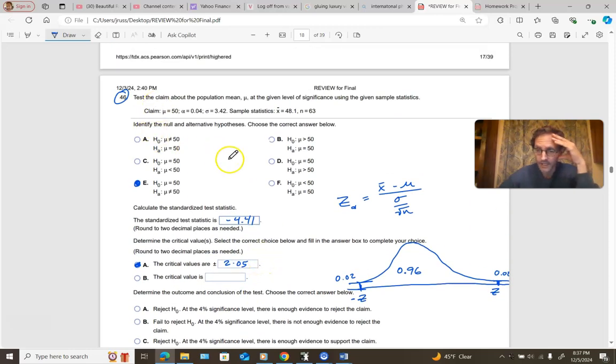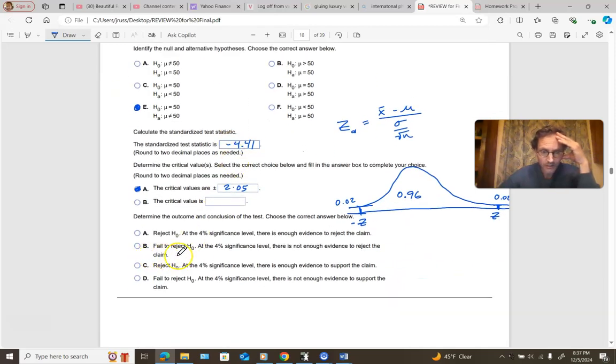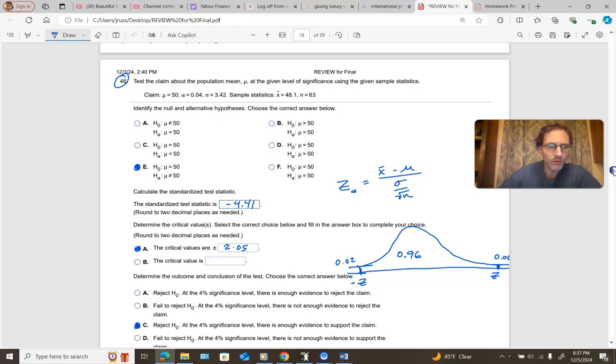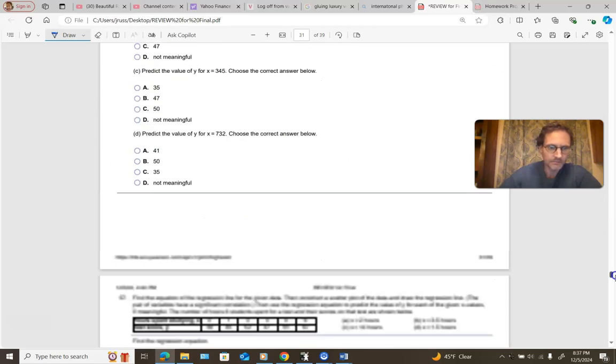And that is actually the claim, okay? I'm going to go with C. It says reject H naught. It says at the 4% significance level, there's not enough evidence to support the claim. Because the claim is our null hypothesis, okay? I'm going to check this one real quick, guys. Just want to make sure. Oh, this one's number 46.